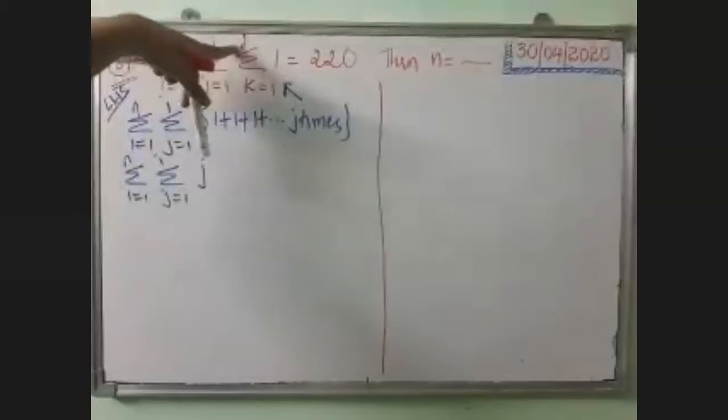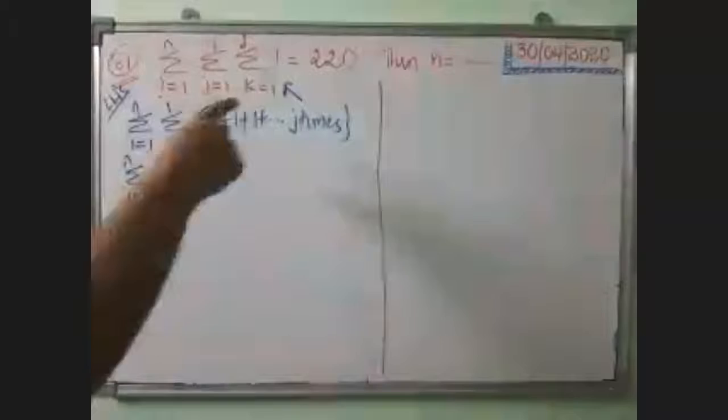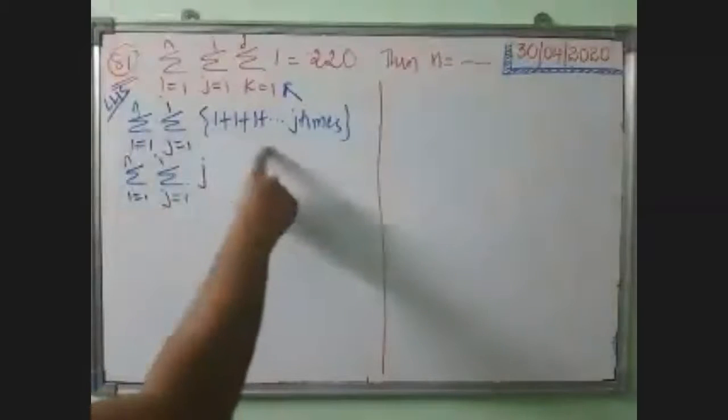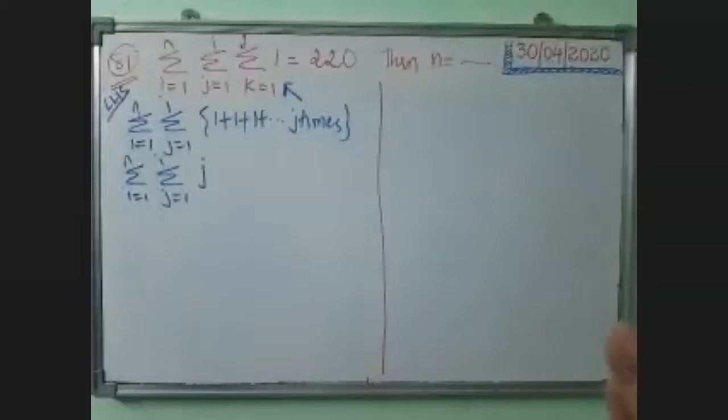You should see what the upper limit is. The upper limit is j, so sigma 1 here will become j. It starts from 1 and goes up to j, hence you get 1 plus 1 plus 1 up to j times, and therefore you get only j. So from among 3 sigmas, 1 sigma is removed, and that too you are doing this problem from the right side.